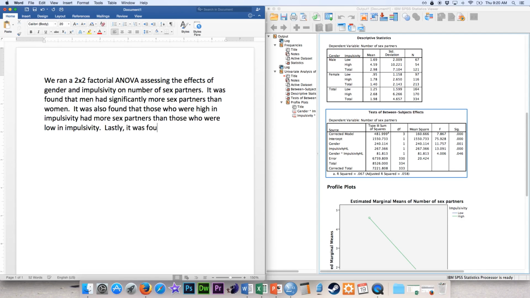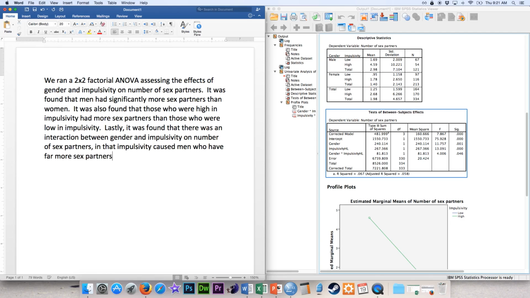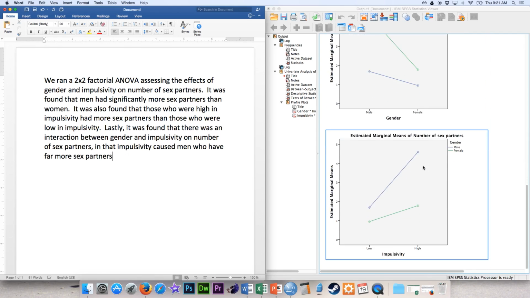Lastly, it was found that there was an interaction between gender and impulsivity on number of sex partners, in that impulsivity caused men to have far more sex partners. Well, let me actually rephrase that a little bit, because it's kind of hard to phrase interactions.